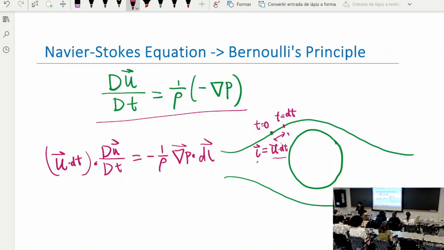Okay, so let's look at what the left hand side gives us. The dt cancels. If we look at this du/dt as the change of velocity along that flow particle over a time difference of dt, then the dt cancels, and what we get is, what is u dot du?